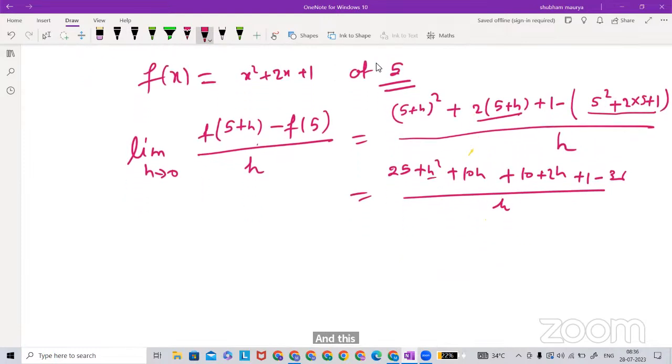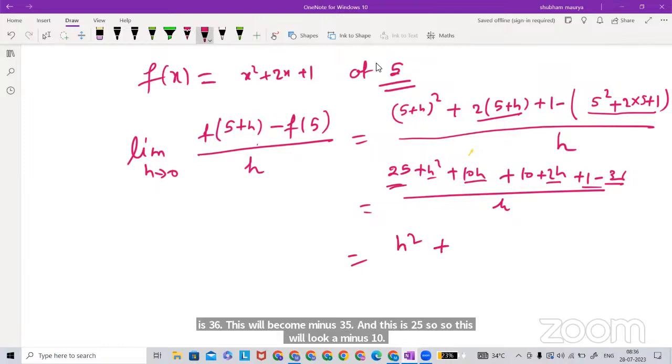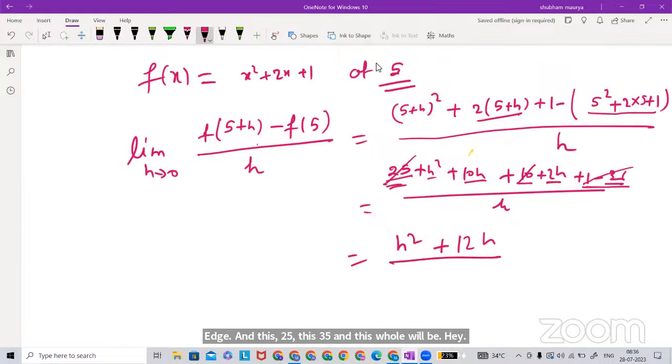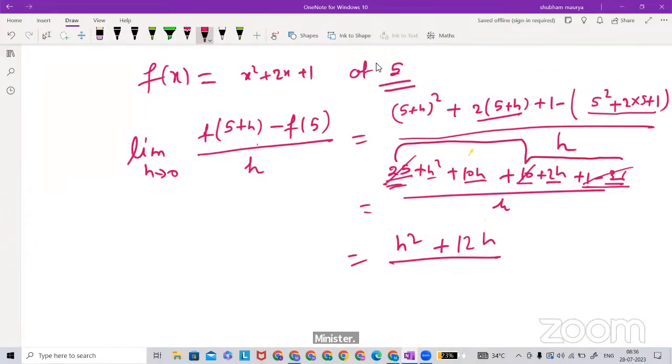Now let's solve. We have h square, and 10h plus 2h makes 12h. The constants 25, 10 and 1 add up to 36, minus 36 cancels out to 0.